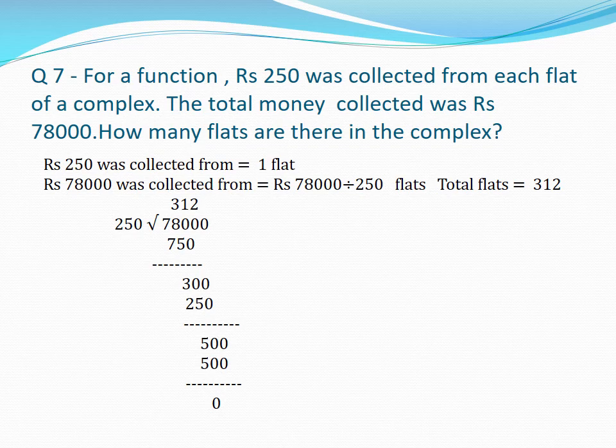Subtract, 0 minus 0 is 0, 8 minus 5 is 3. 0 will come down, making 300. 250 ones are 250. 10 minus 5 is 5, 2 minus 2 is 0. 0 will come down, 500. Now 250 twos are 500 and the remainder is 0. How many flats are there in the complex? 312 flats are there in the complex.